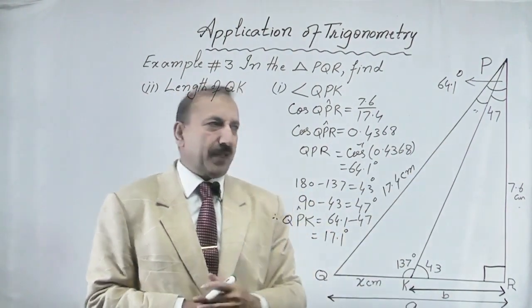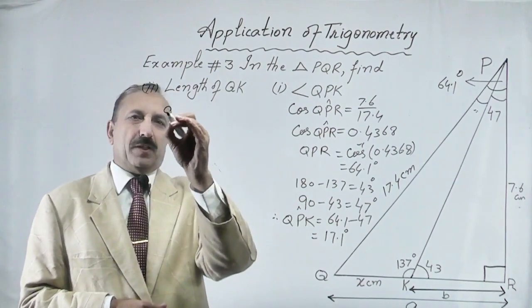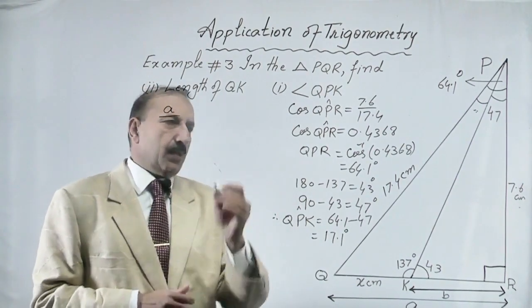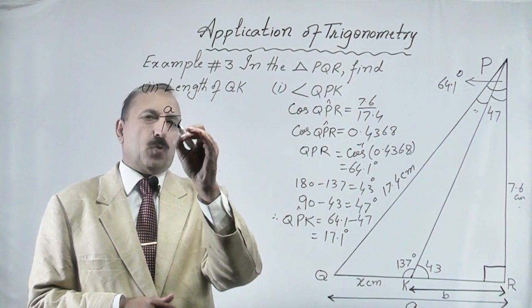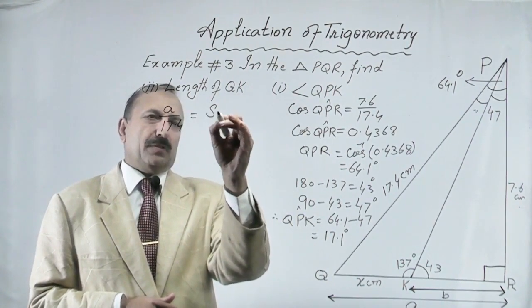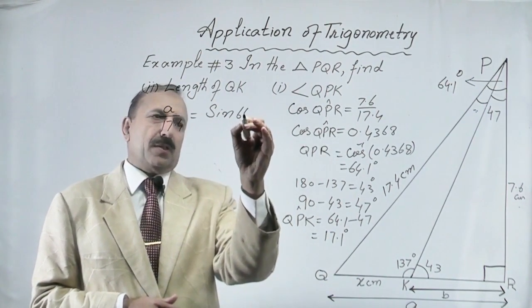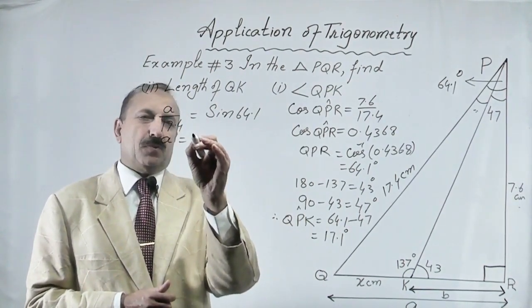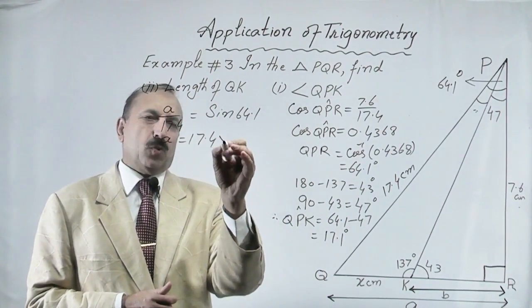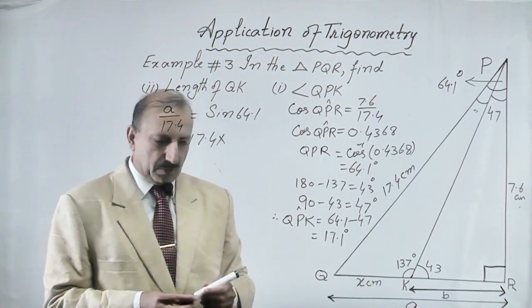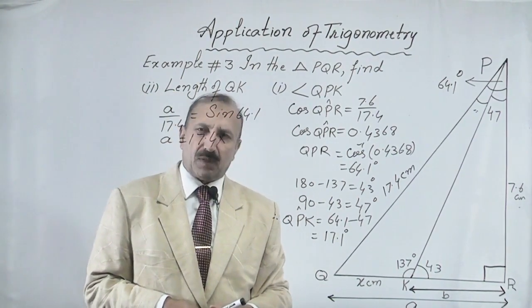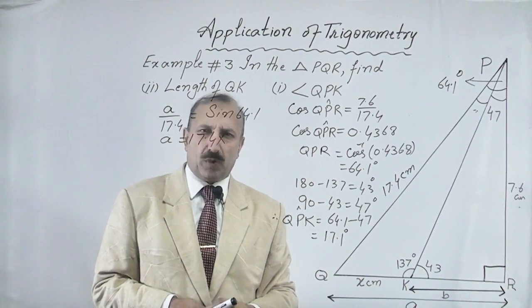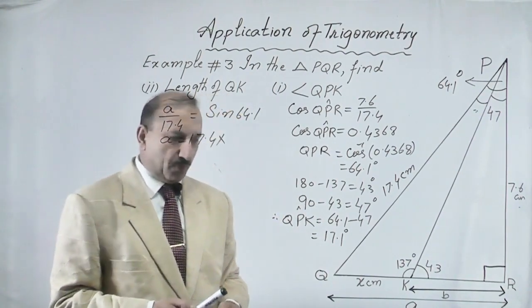We can write A over 17.4 is equal to sine of 64.1, and this A length will be equal to 17.4 into sine of 64.1.